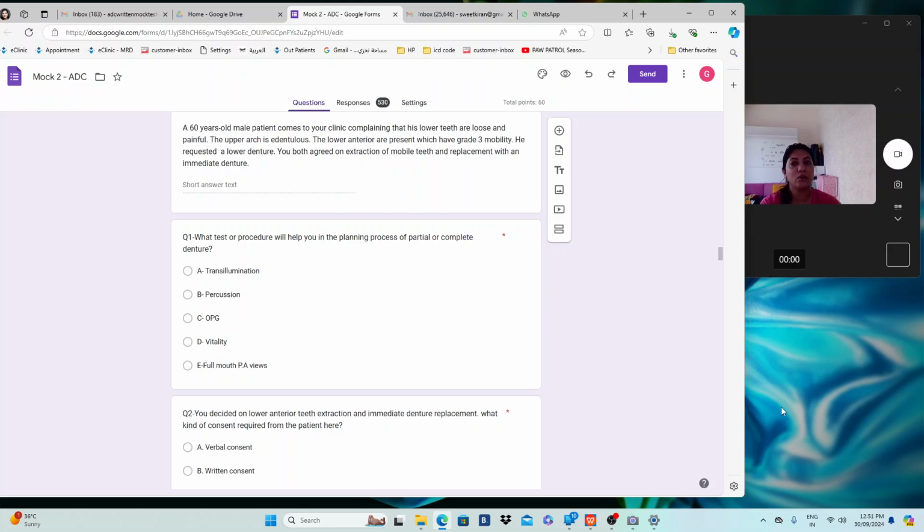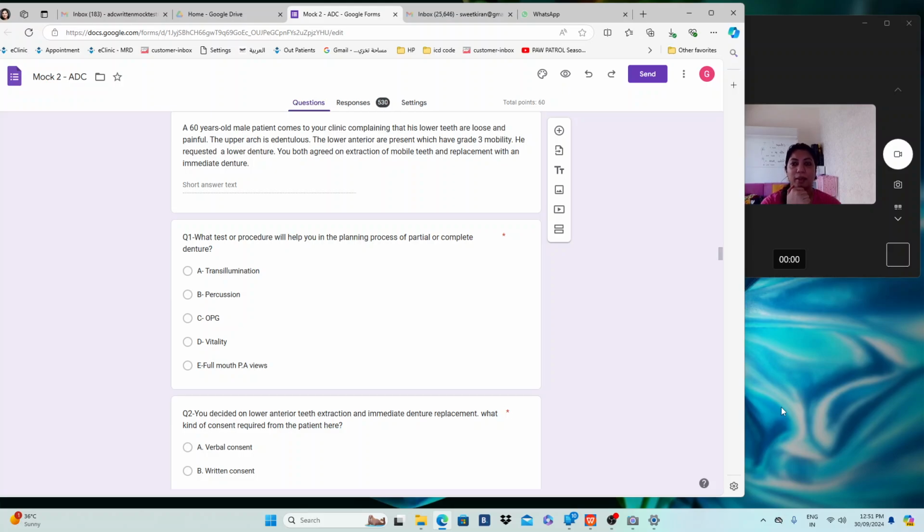So the denture is no longer going to fit very nicely. That's why you would need a replacement of that denture, or you will have to reline that denture and keep on relining it until a permanent one is made. So that is an immediate denture. It's a temporary denture, not for a long-term basis. Understood? So you need to understand the concept of an immediate denture to answer this question.